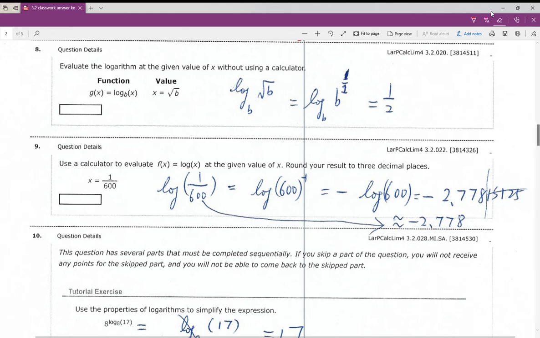Number 8, similar idea. You want to change the square root to degree 1/2. So square root means degree 1/2.